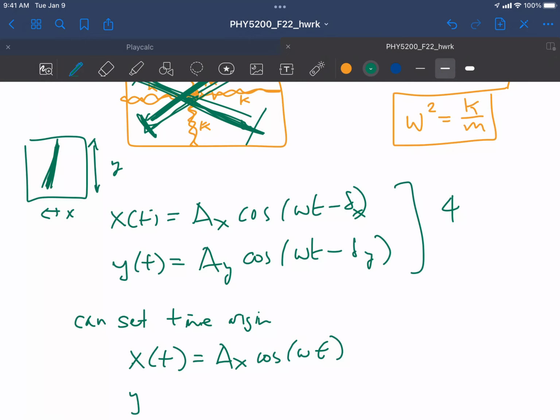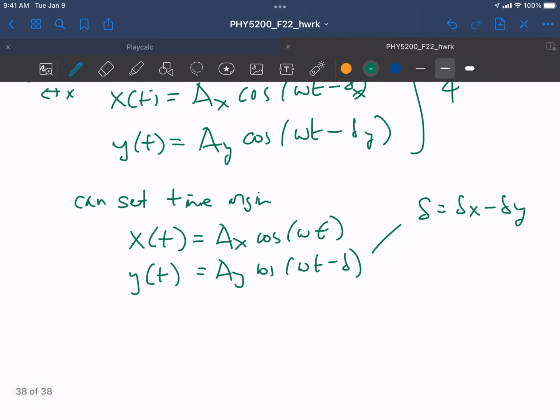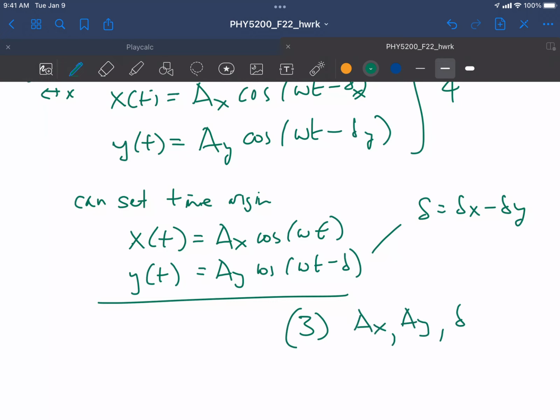And I'll show you how in a second. y of t is equal to ay cosine of omega t minus delta. But here this delta is delta x minus delta y, and that's how we got rid of it. It's the relative phase of the x and y oscillations. So that means now we have three constants, ax, ay, and delta.